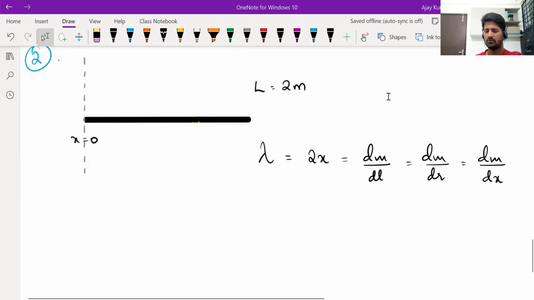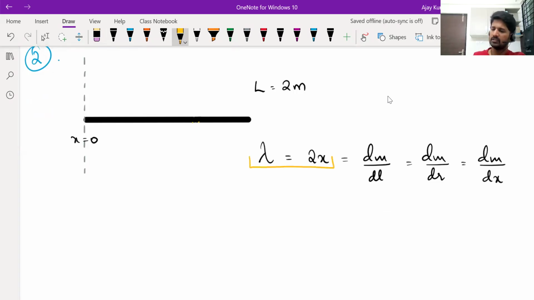You can ask me if you have any doubts. The linear mass density is given as a function of x. Total length of the rod is 2 meters. Carefully derive its moment of inertia. I'll give you a start also. You have to take an element first. Assume its mass is dm. Distance from the given axis, you can take it as r. Because the rod is along the x-axis, r will be same as x.